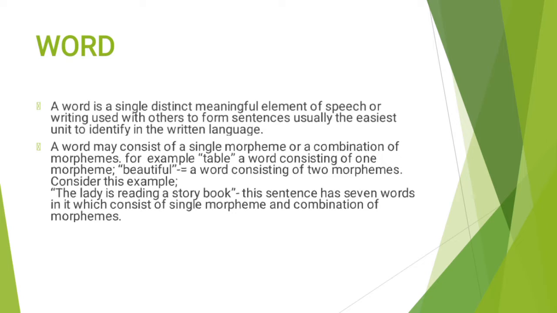So we can conclude that not all morphemes are words, but a word consists of one or more morphemes, or it can be a combination of morphemes, but not all morphemes can be classified as a word.